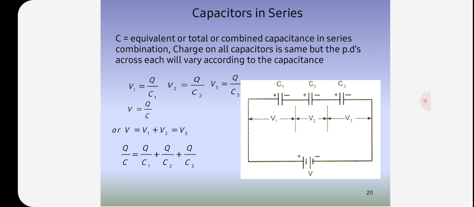In series combination, the charge on all capacitors is the same, but the potential difference across each will vary according to the capacitance.